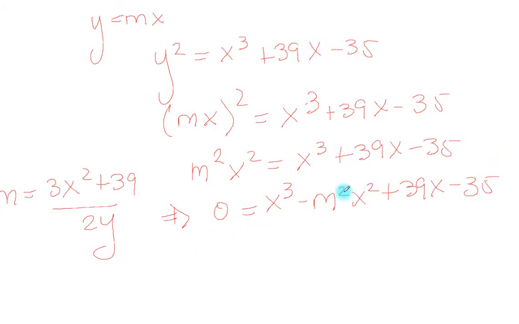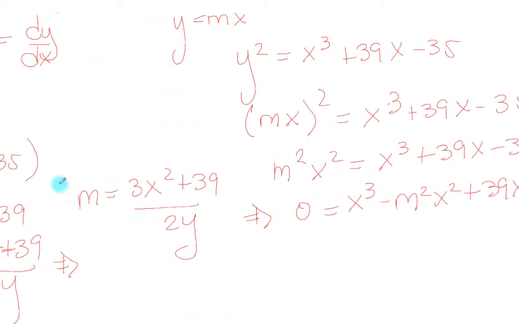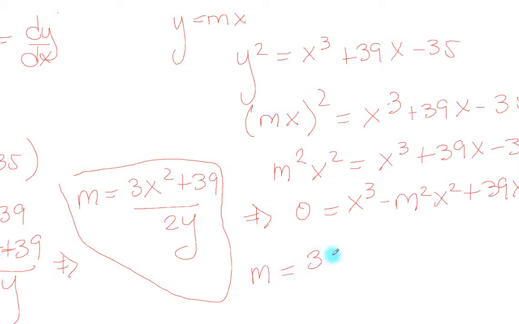Now, we want x alone to find those x's that satisfy these conditions. So we need to substitute m squared. How do I find m squared? Well, earlier we took the derivative and it was this. But y equals mx, so m equals (3x squared plus 39) over 2mx.